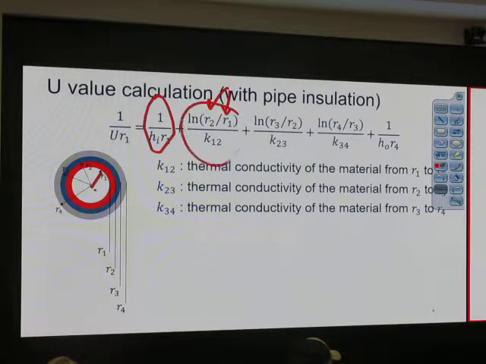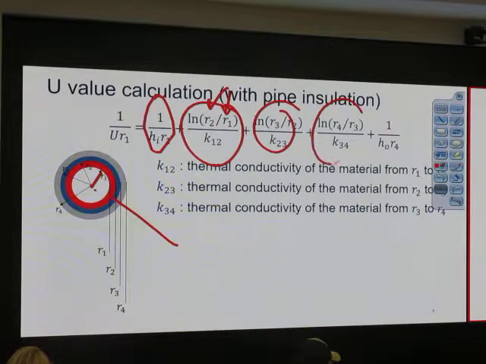This is the conduction in that layer of the pipe. Then it has another conduction to go from R2 to R3, another conduction from R3 to R4. When the heat is outside, it transfers to the environment due to convection. This is that term. Okay.